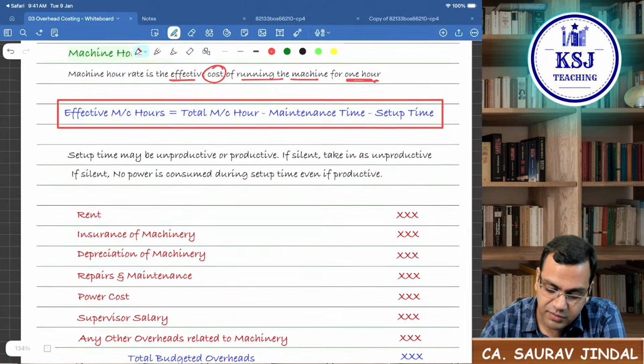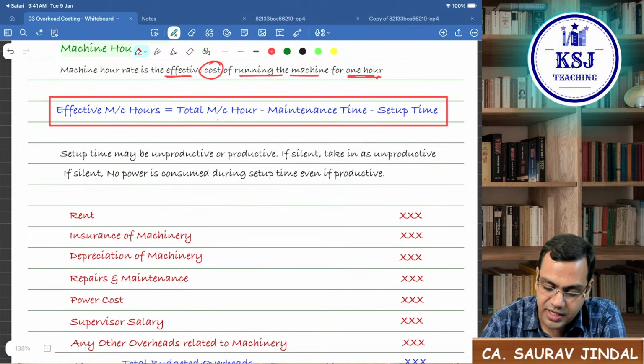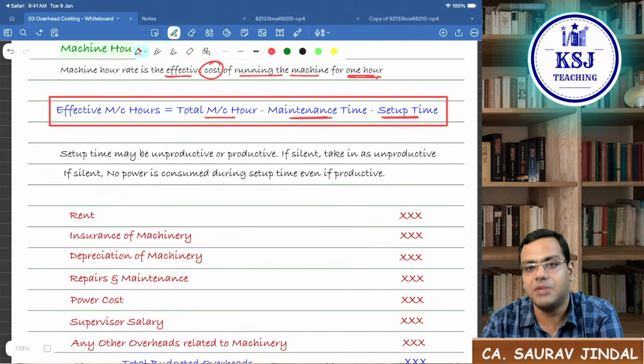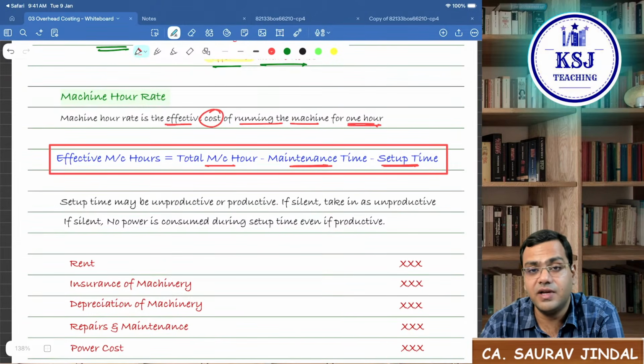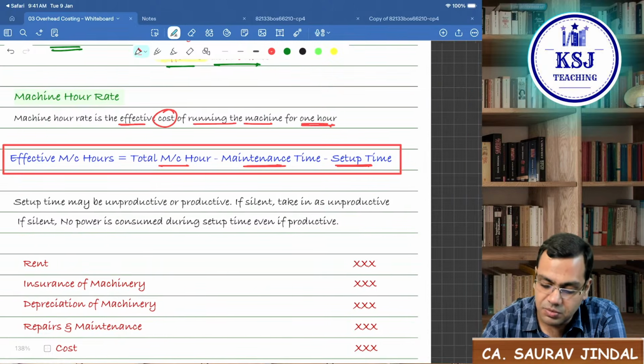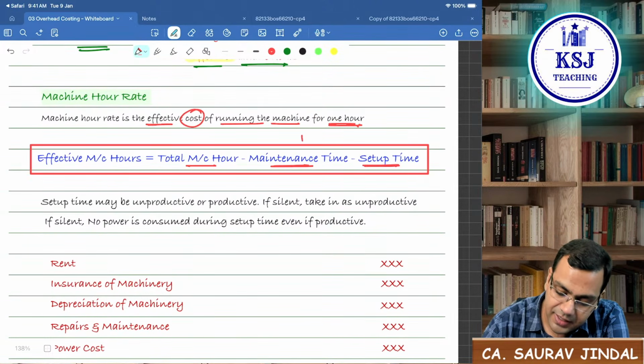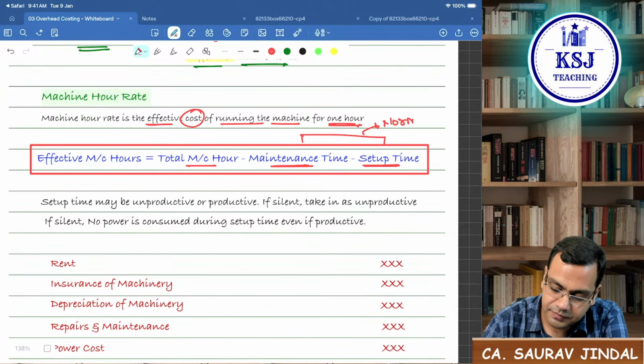So effective machine hour means the total machine hours minus the maintenance time and the setup time. Right? Total machine hours it can run, but the machine will require the maintenance time as well as the setup time. So basically it is the normal idle time.